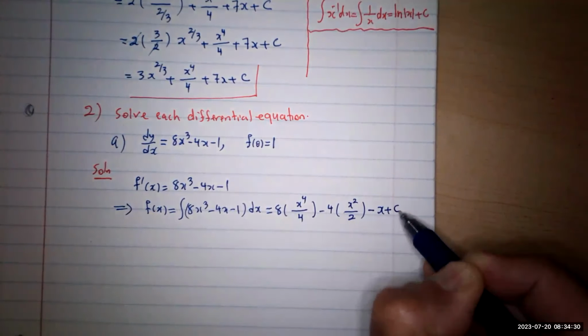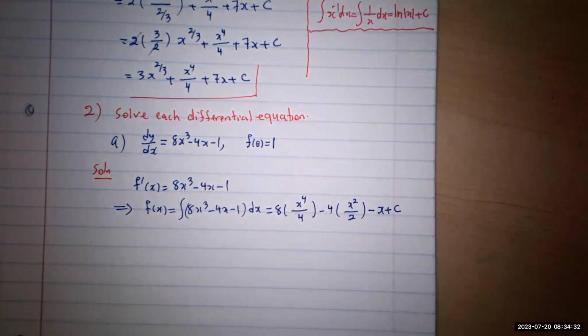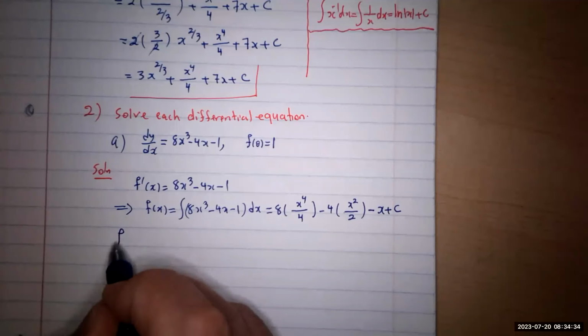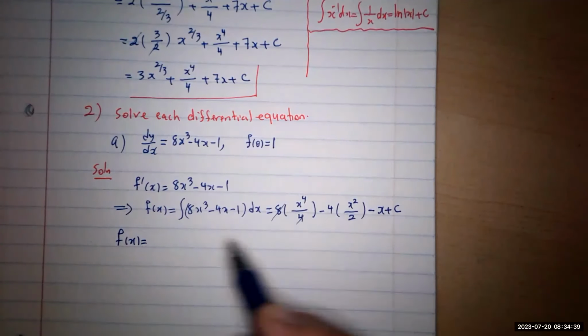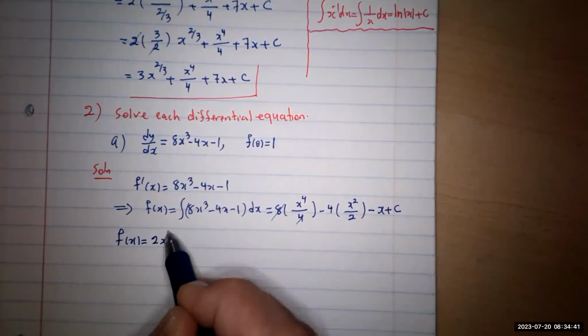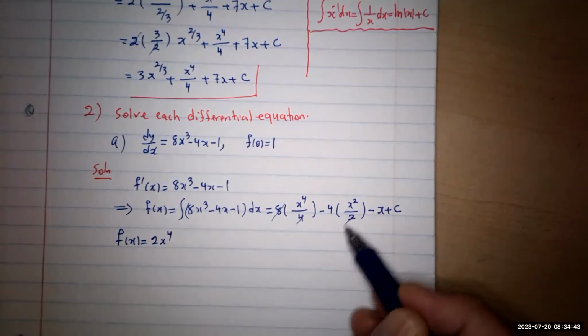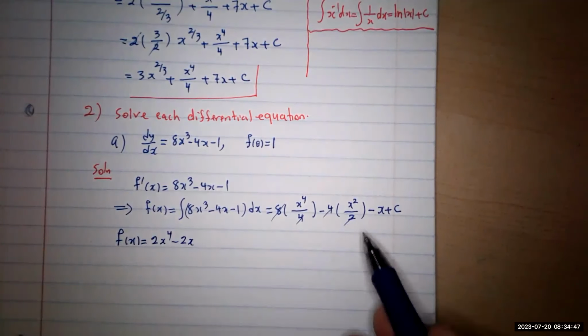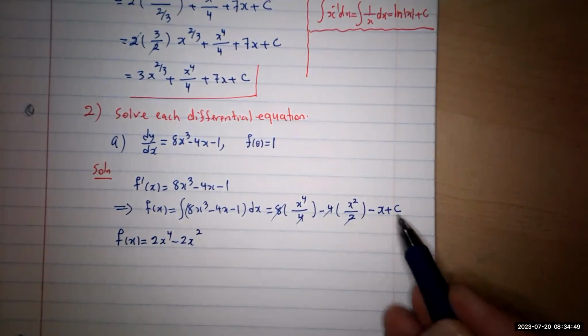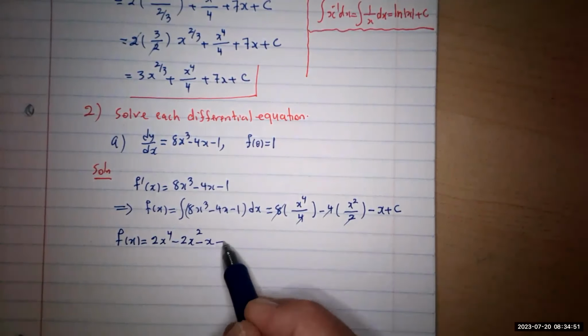Plus a constant c. We simplify first, so f of x so far equals 2x to the 4th, because the 8 over 4 gives 2, minus 2x squared, because the 4 over 2 gives 2, minus x plus c.